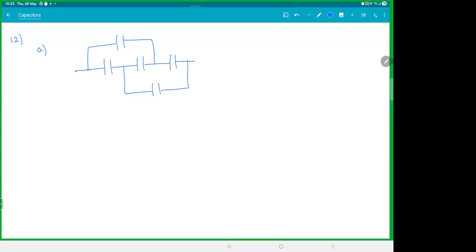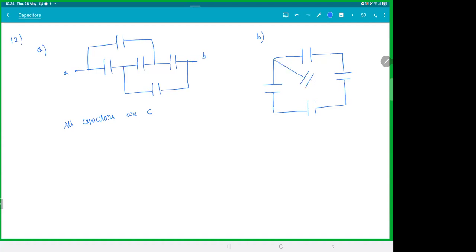All are C. Find CAB. Look at this circuit in the middle.